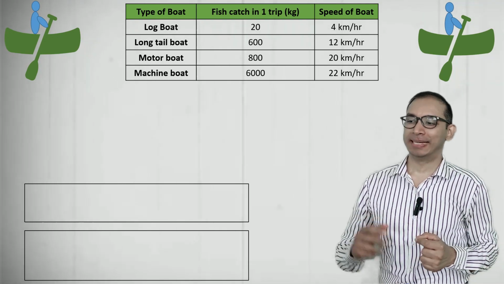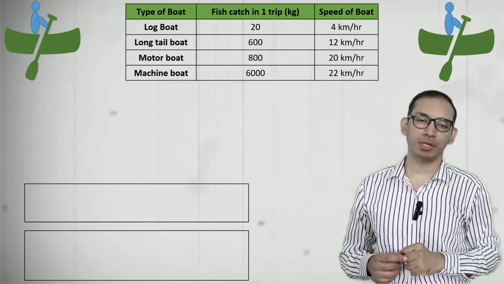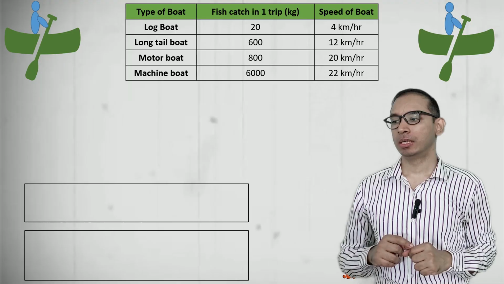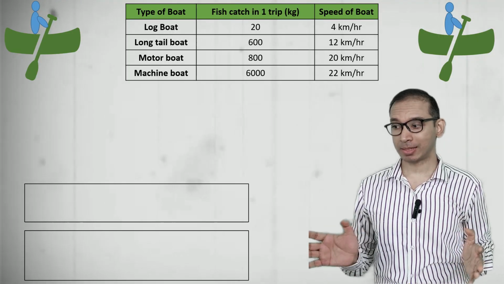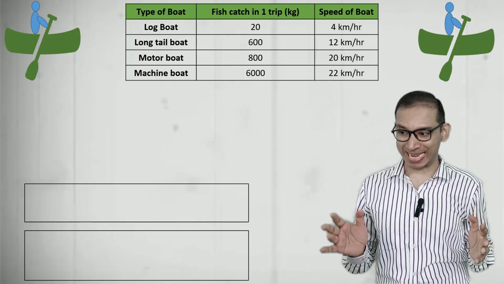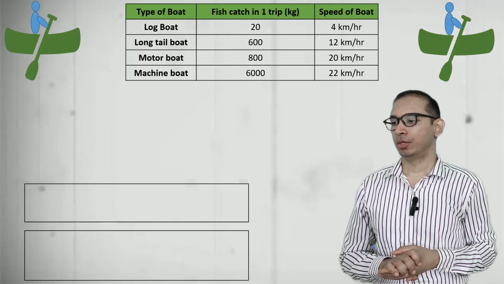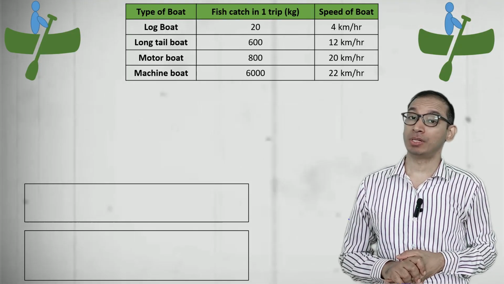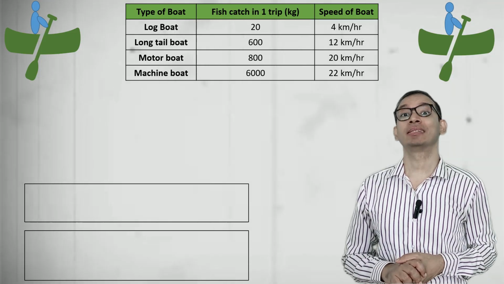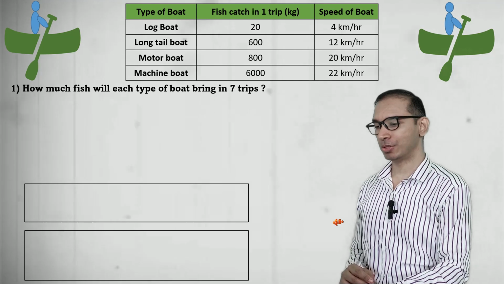Long tail boat, 600 kgs and travels at a speed of 12 kilometers per hour. Your motorboat, although smaller in size compared to a long tail boat, can carry 800 kgs and can travel at a speed of 20 kilometers per hour. Your machine boat can travel at 22 kilometers per hour and it can bring back 6,000 kgs in a single trip. Now let's do some problems based on this.